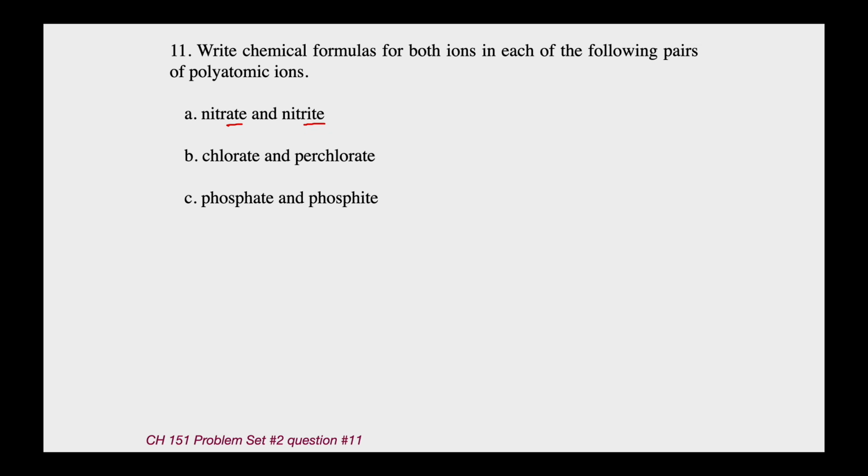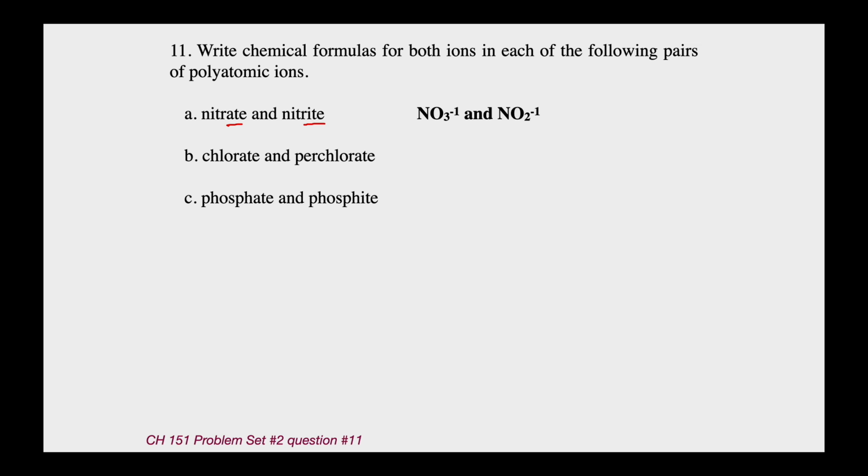Now, by hook or by crook, you must learn what these are. And in the notes, there's a thing about Nick the Camel, and you can use that to figure it out. You can also just go through and memorize what they are. But nitrate and nitrite, nitrate is NO3 minus 1, and nitrite NO2 minus 1. So again, you can at least figure out that they have nitrogen.